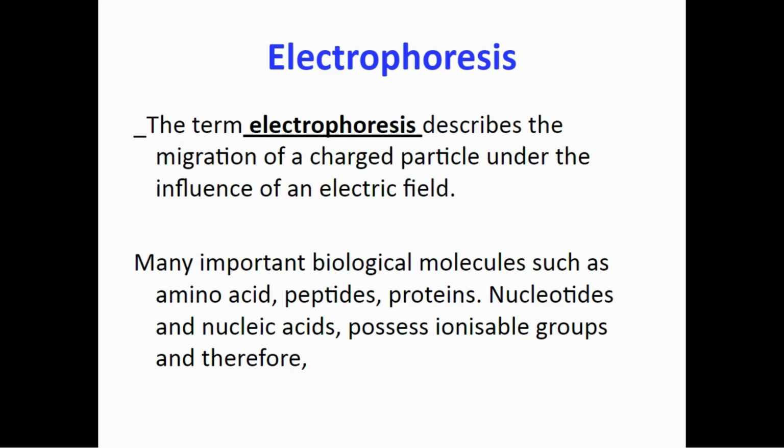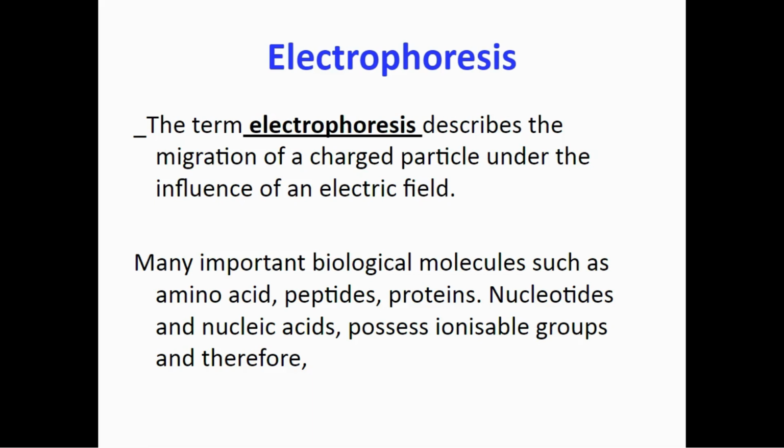The rate of migration through the electrical field depends on the strength of the field, on the net charge, size and shape of the molecules, and also on the ionic strength, viscosity, and temperature of the medium in which the molecules are moving.